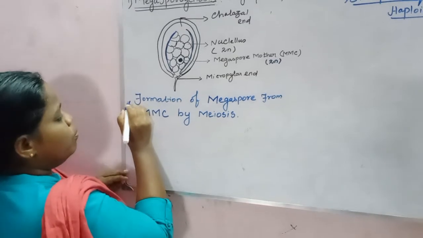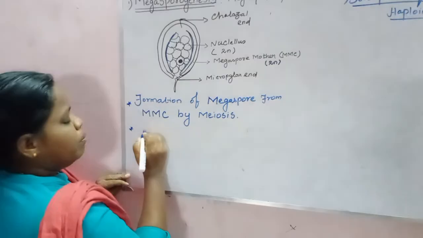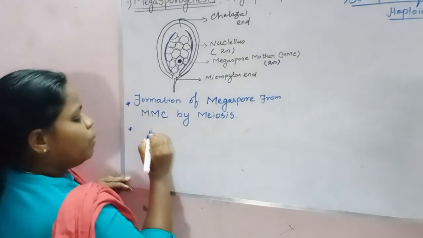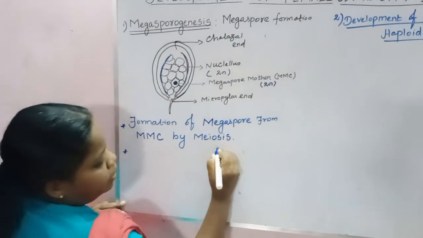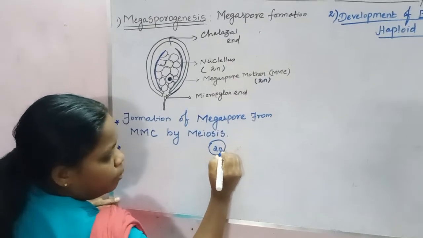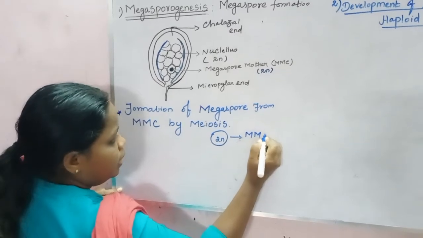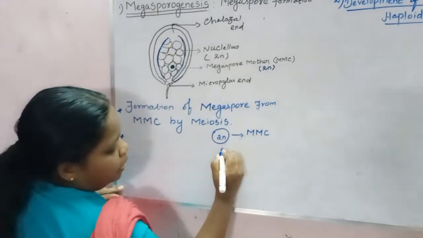Okay, how will the process occur? First, the megaspore mother cell, that is MMC, is diploid in number.